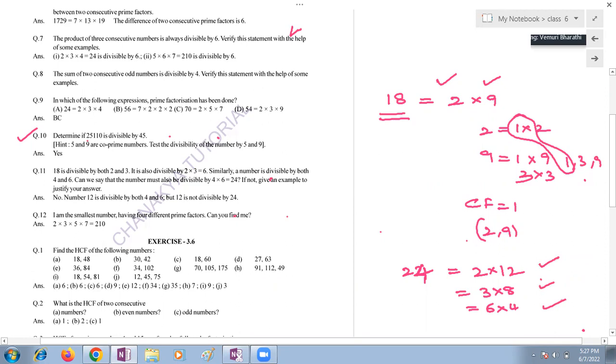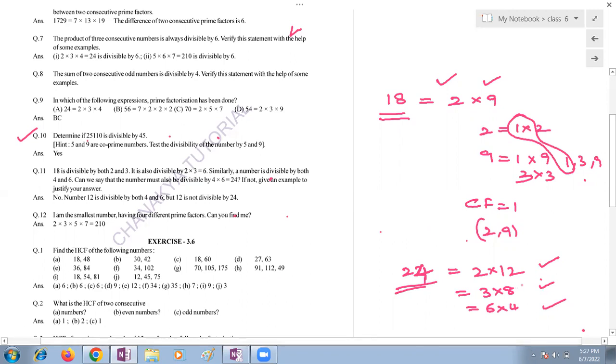Which rule should be true in this case? Which pair of numbers can we take here to divide? 4 and 6? No. 3 and 8. Why 3 and 8?